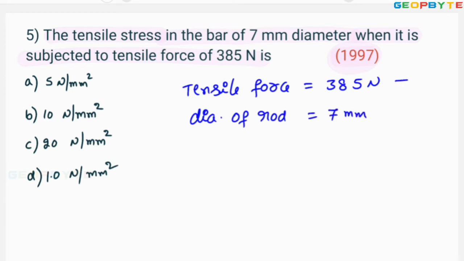This load is generally marked as P, diameter is marked as D. You are asked to find the tensile stress.